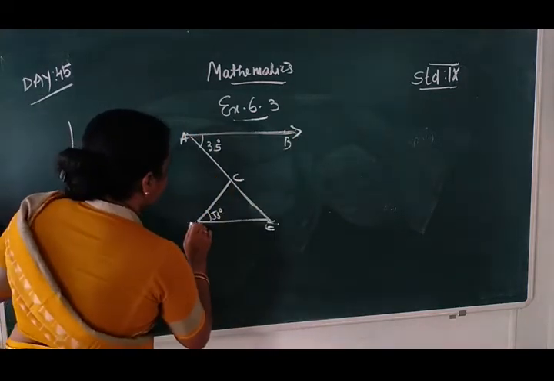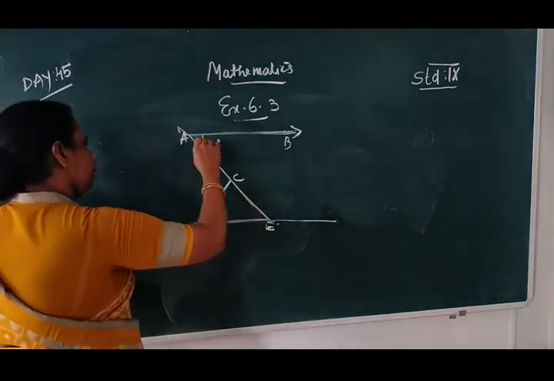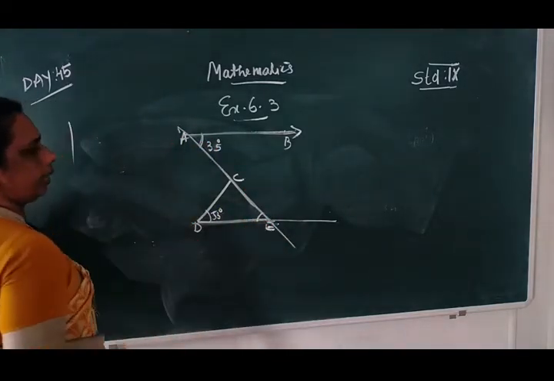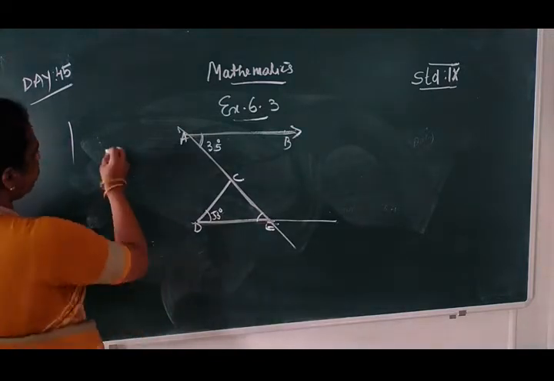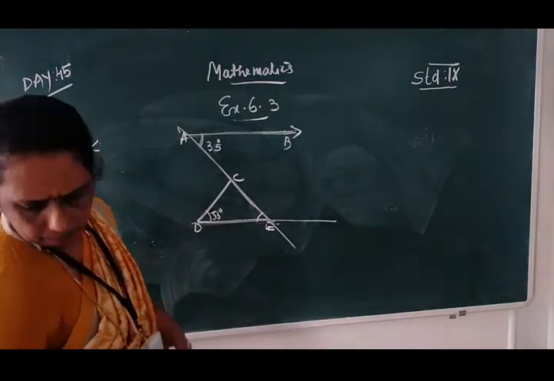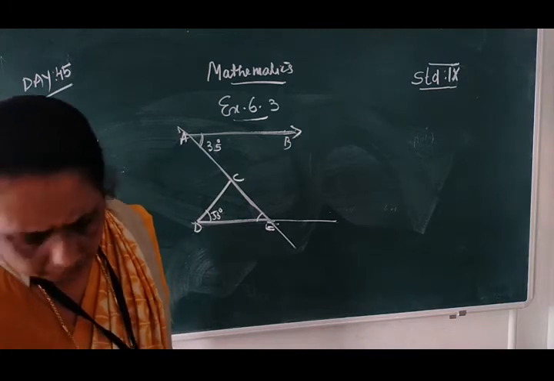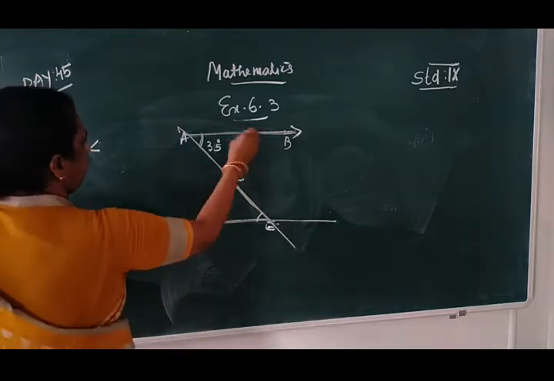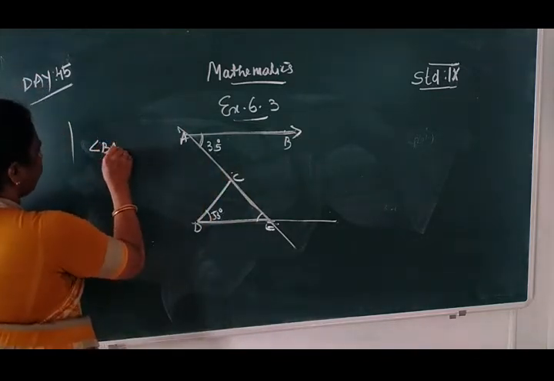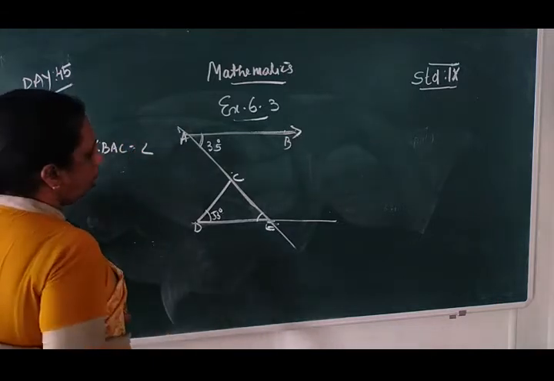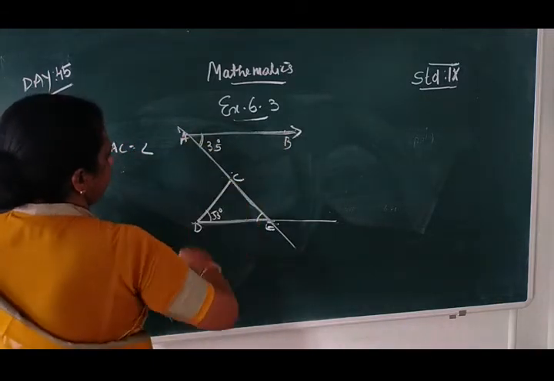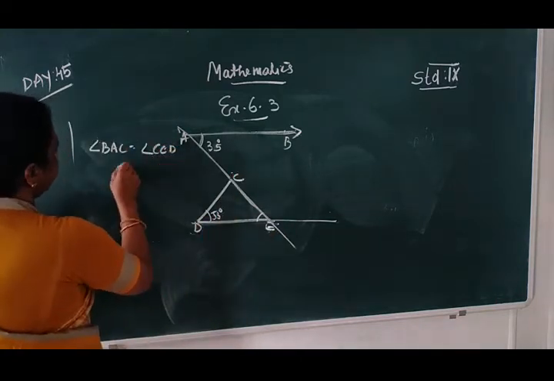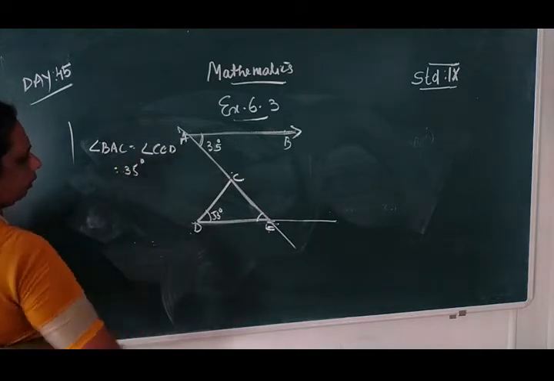AB is parallel to DE and this is the transversal. We know when the angles are equal, angle BAC is equal to angle CED, which is equal to 35 degrees.